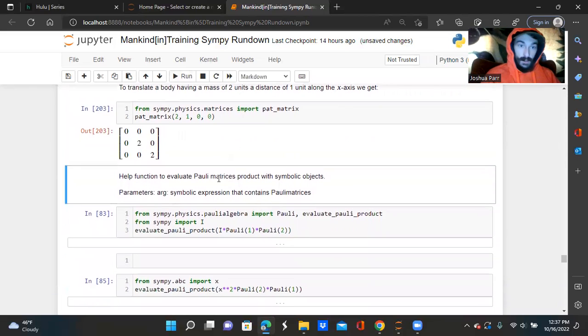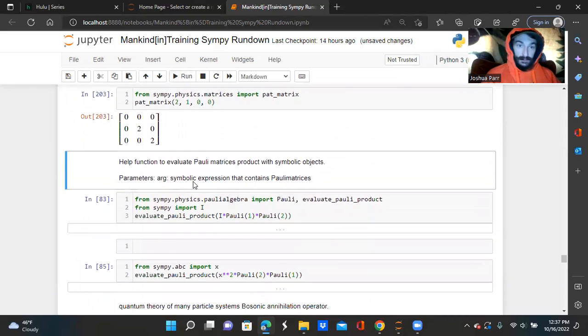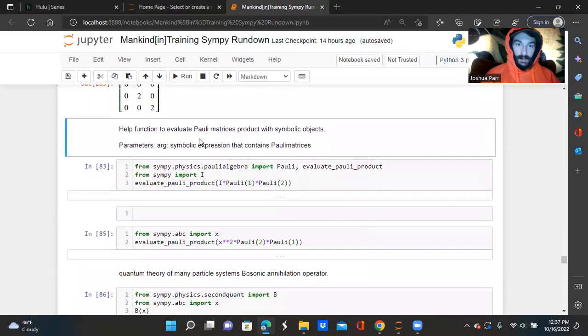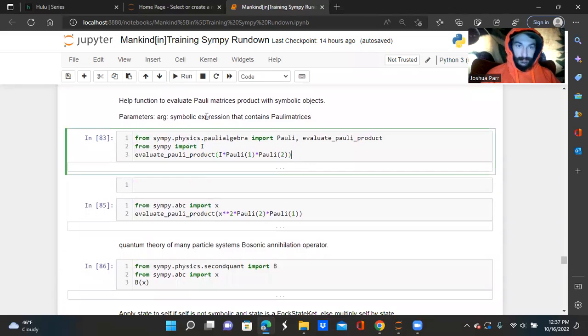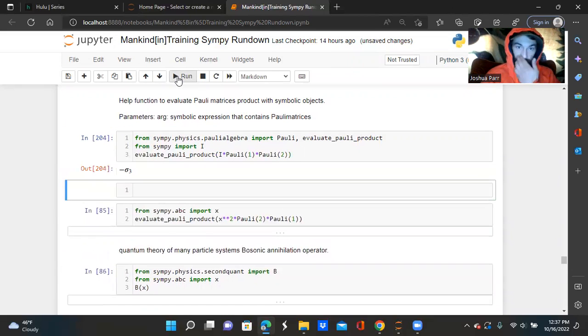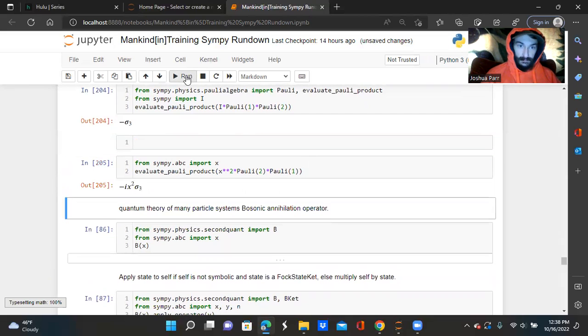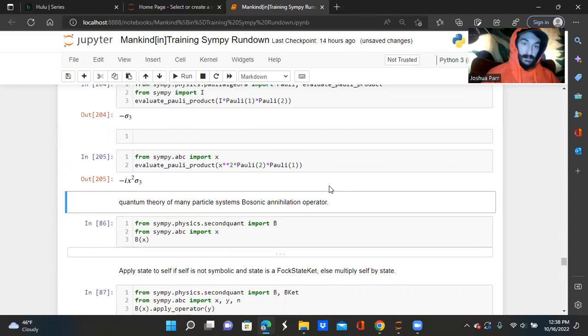Help function to evaluate the Pauli matrices product with the symbolic objects. Pauli 1 and I Pauli 2, and we get sigma 3, negative sigma 3. And x squared times Pauli 2 times Pauli 1, we get negative i x squared sigma 3.